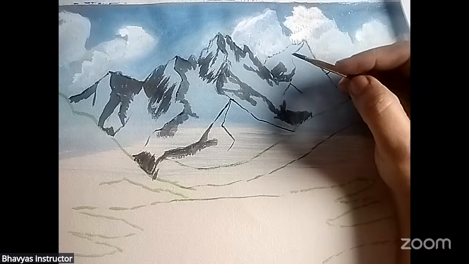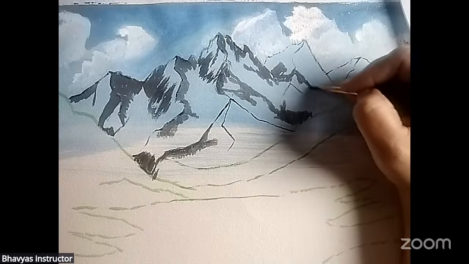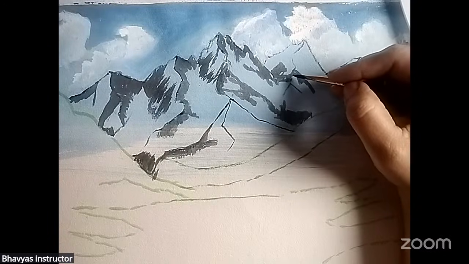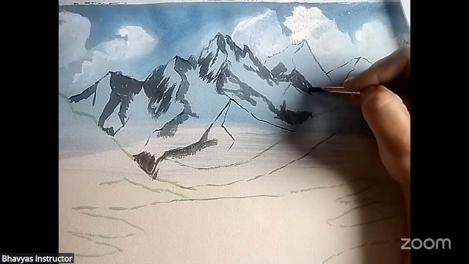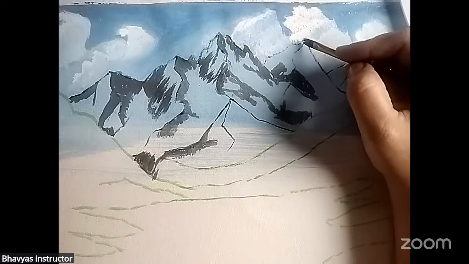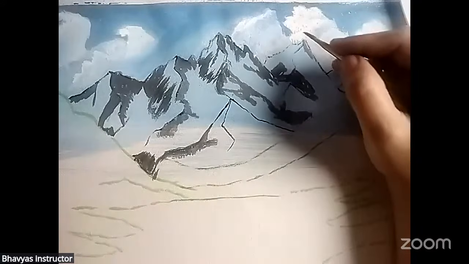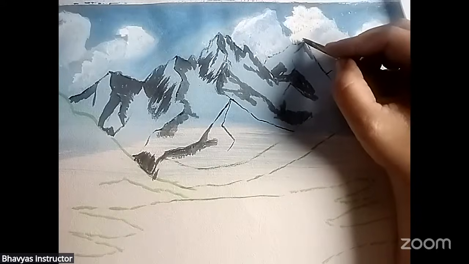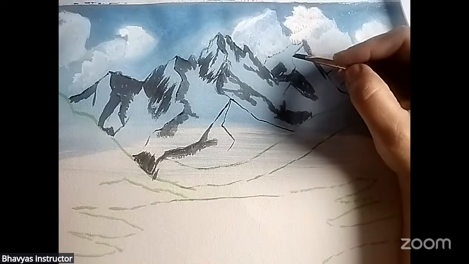That color on top of that you can add. We don't apply direct black on the painting. We will take help of black color by mixing with other colors. So we are not using direct black, we are just taking help. So did you get it, Mukesh?